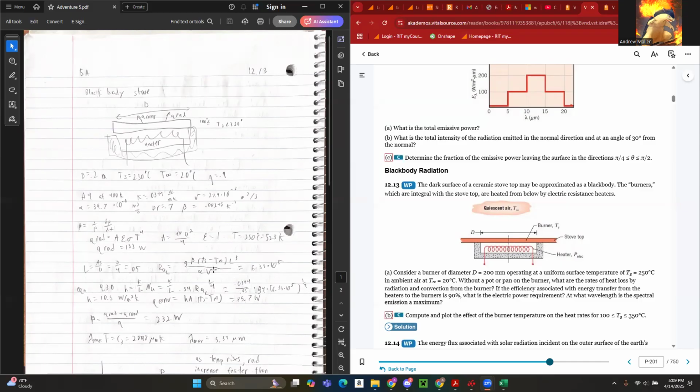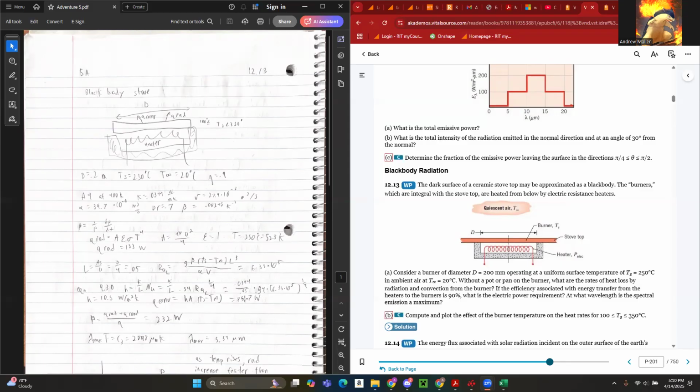Plugging all those values in, we get a value of h of 10.5 watts per meter squared Kelvin. Then we can plug this into the standard convection equation, h times A times delta T, and get a total of 75.7 watts.